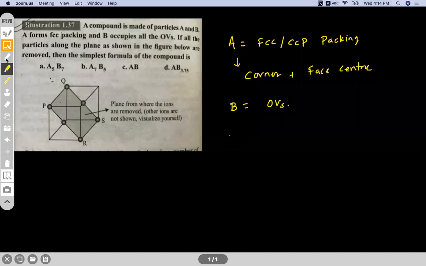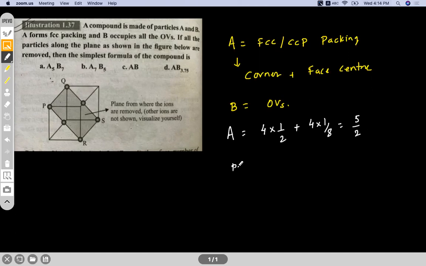So the contribution of A, if you see here, that would be 2 face centers removed, so 2 into 1/2. And 4 cornered atoms have been removed, so 4 into 1/8. Is it correct? So it is 2.5, sorry, 2.5 means 5/2. Correct?